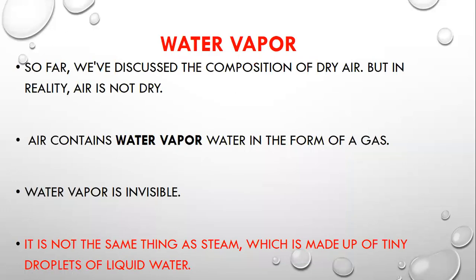Water vapor. So far we have discussed the composition of dry air, but in reality, air is not dry. Air contains water vapor, which is water in the form of gas. You wouldn't see it because it's invisible, and it is not the same thing as steam, because steam is made up of tiny droplets of liquid water.